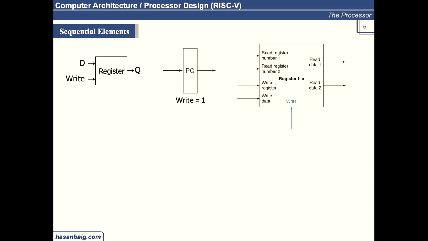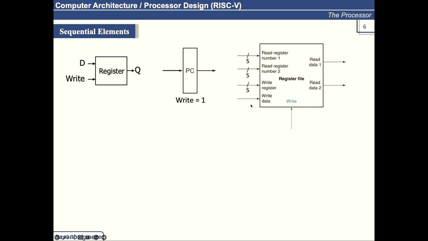With the help of these 5 bits, we specify which register we want to read, and the contents will be placed here. And where do we want to write? We have to specify the RD field here. You can assume that in the 32-bit instruction, the RS1 bit field will go into this port, the 5 wires from the RS2 field will go into this port, and similarly the RD field will go to the write register port.